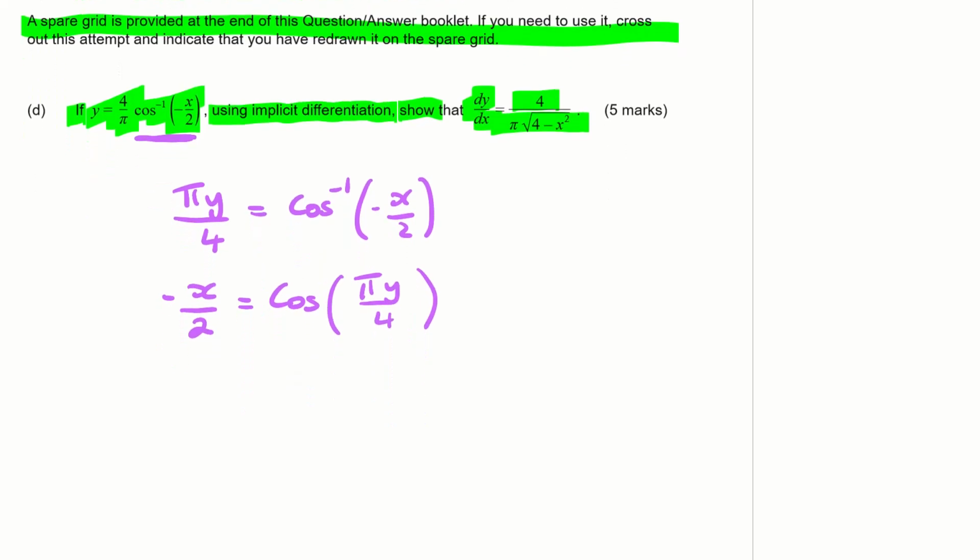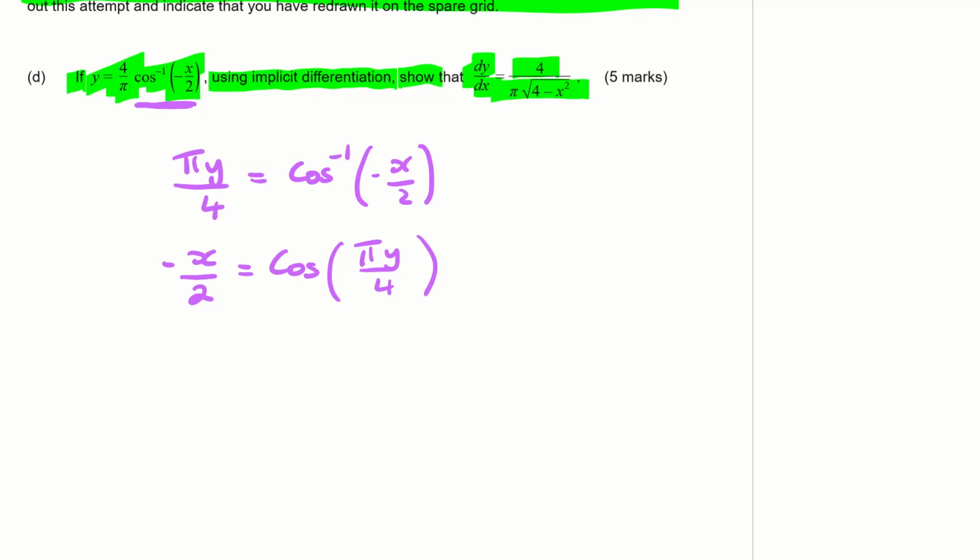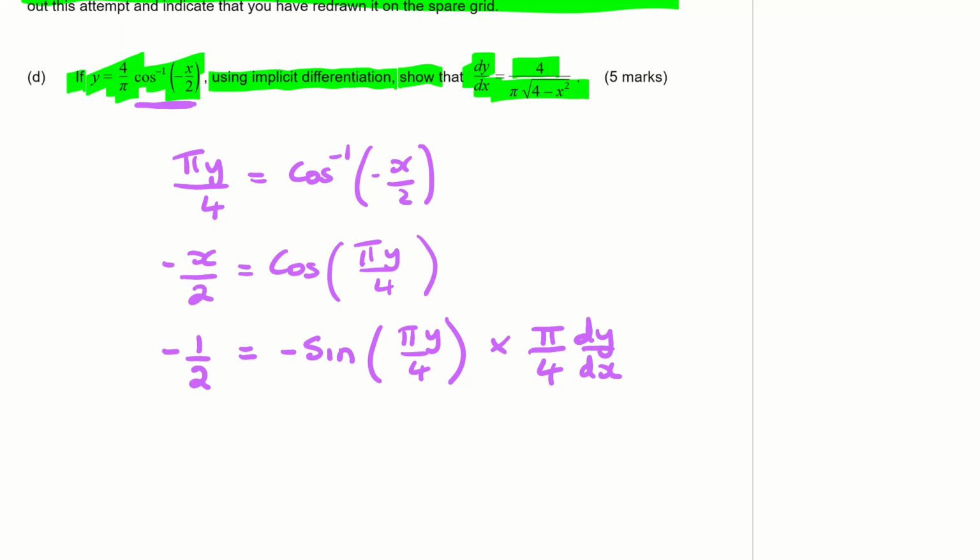And then differentiate with respect to x. So negative x over 2, well, that's just going to be negative a half. Cosine differentiates to negative sine. The argument won't change, but remember that we're differentiating with respect to x. So by the chain rule, we need to multiply there by pi by 4 dy dx.